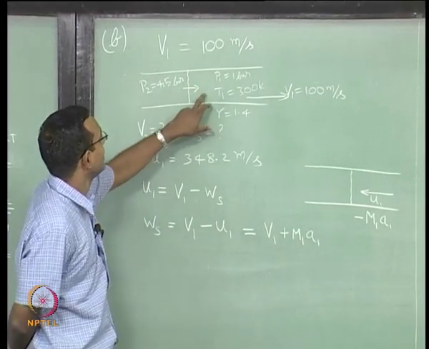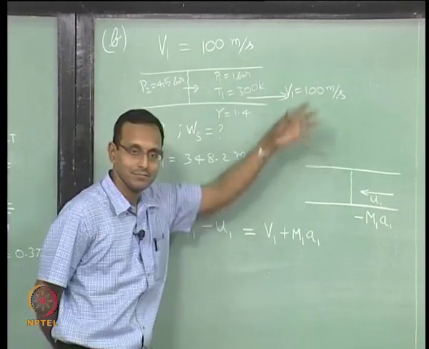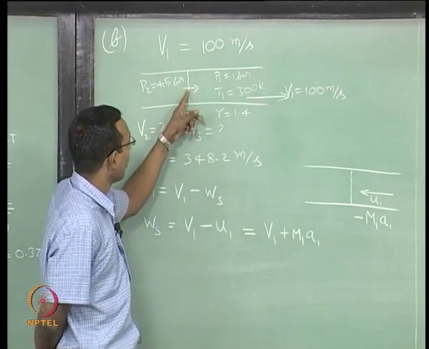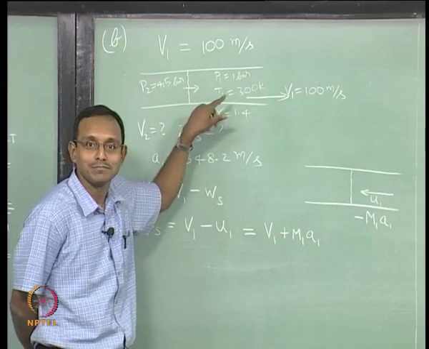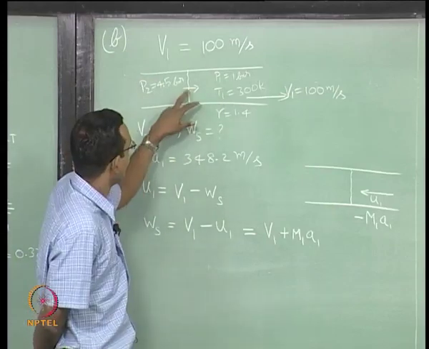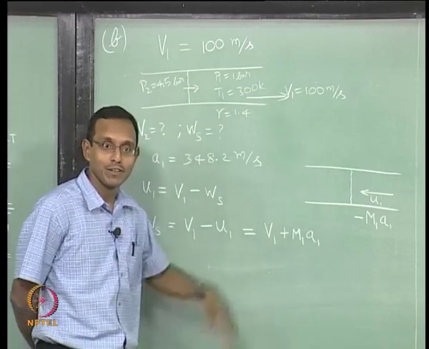Imagine this 100 meter per second flow is like a river flowing, and the shock is moving on the river, or it is like a boat going on the river. If I think about it that way, there is a boat moving with respect to the water in the river and the water itself is moving.